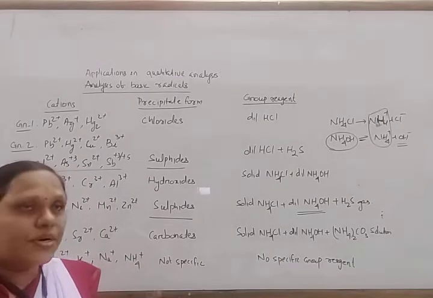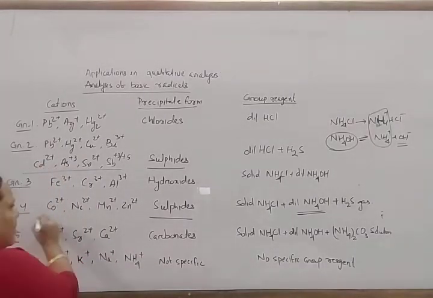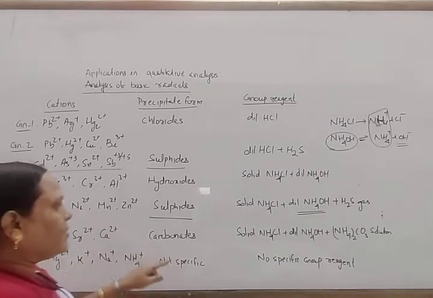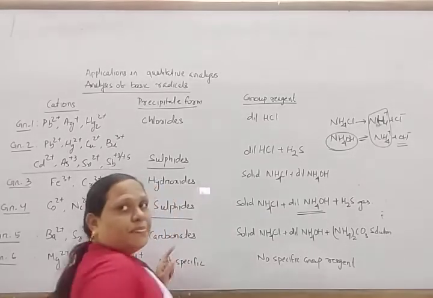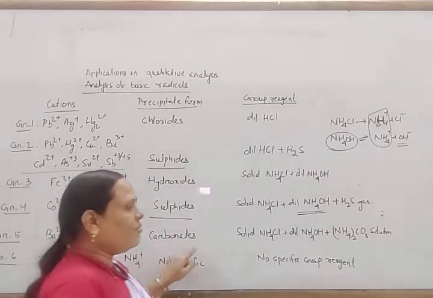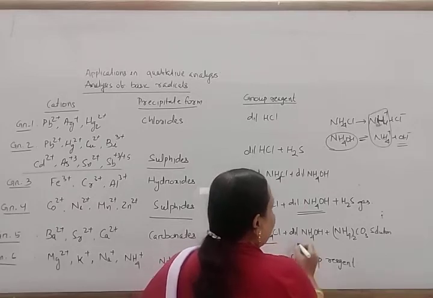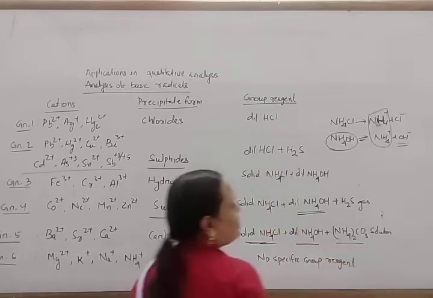the solubility product. Similarly, for the analysis of group 5 radicals, they precipitate in their carbonate form. Here the group reagent is ammonium chloride, ammonium hydroxide, and ammonium carbonate.